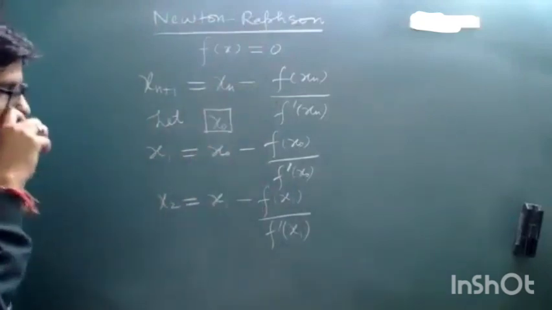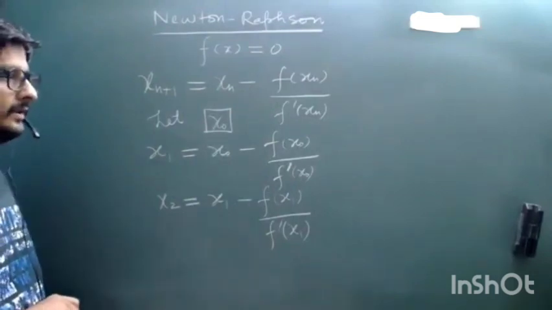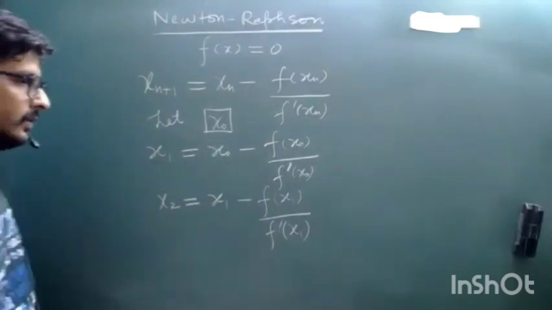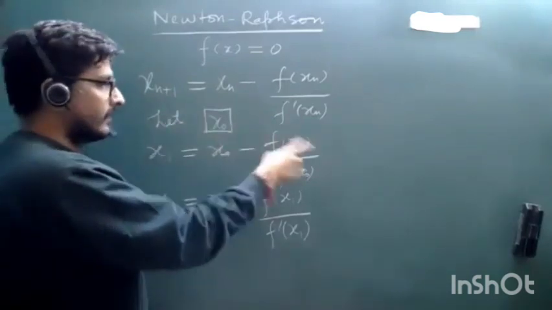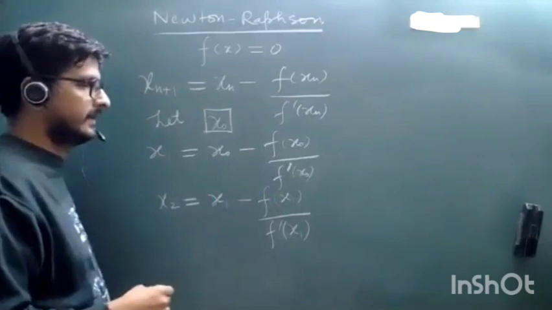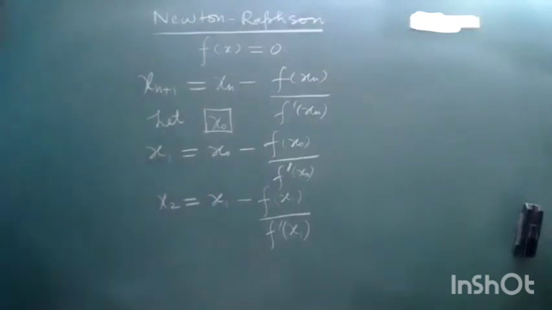You slowly move towards the true value. Sometimes this formula has been asked, sometimes just the first step, what is xn, has been asked in your previous year's questions. So let us do one problem just to make you understand how this is working.